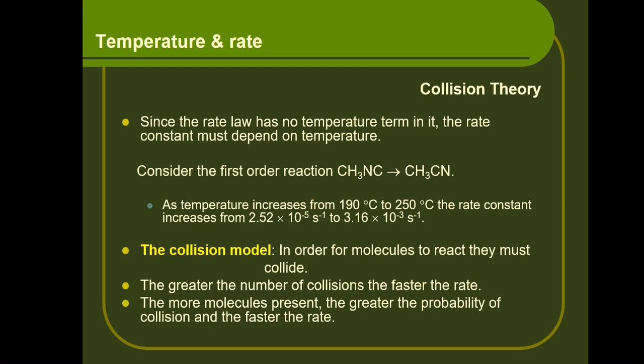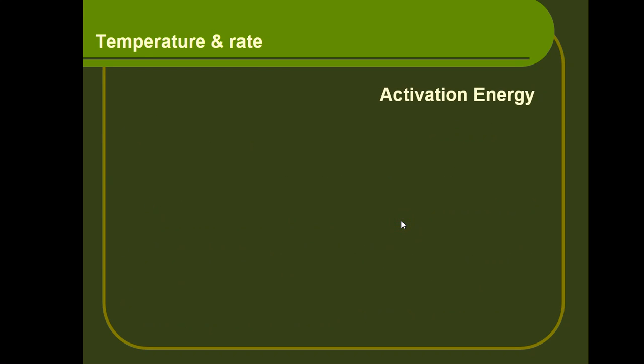We have in the kinetic molecular theory that as we increase the temperature, the degree of excitation of molecules also increases. As such, there will be a greater tendency for these excited molecules to collide with each other. If there's a greater number of these molecules present, then the probability of a collision is greater, and of course, it translates to a faster rate. And that is the case of the collision theory.